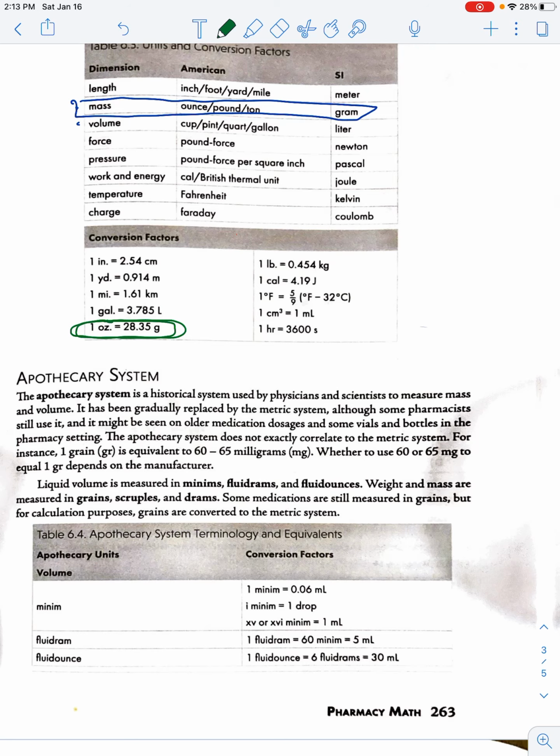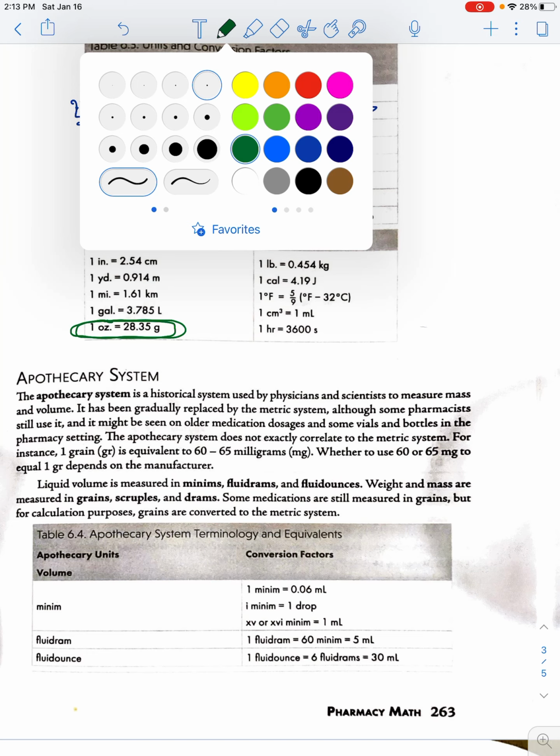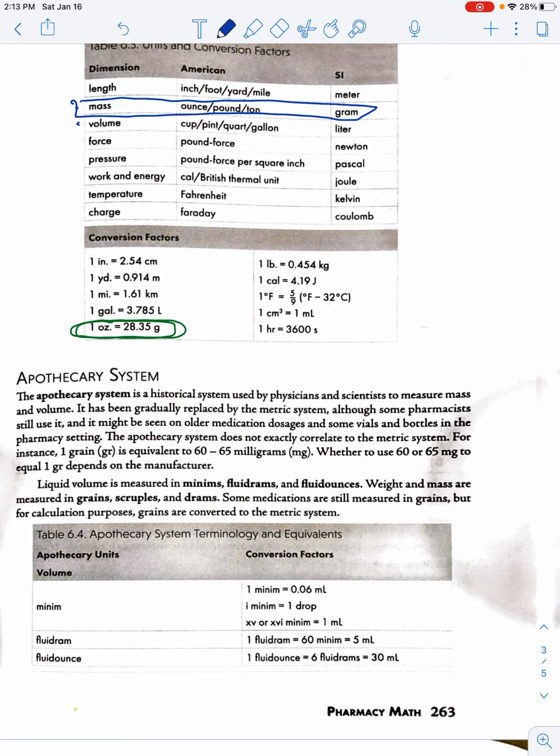Another good one, so we're talking about which dimensions you would typically see in pharmacy, is volume. So milliliters, we might convert between liter and cup or ounces, liquid ounces, fluid ounces.